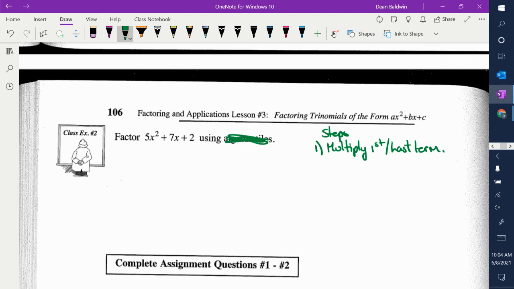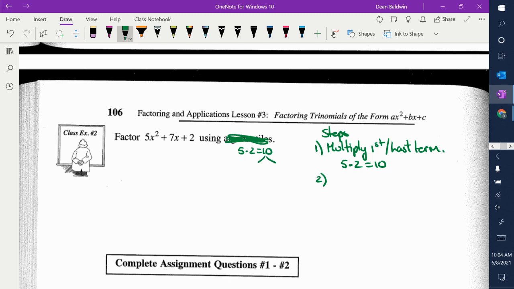So what's 5 times 2? Okay. So then, and you do that off to the side. I'm just going to write it over here. 5 times 2 equals 10.